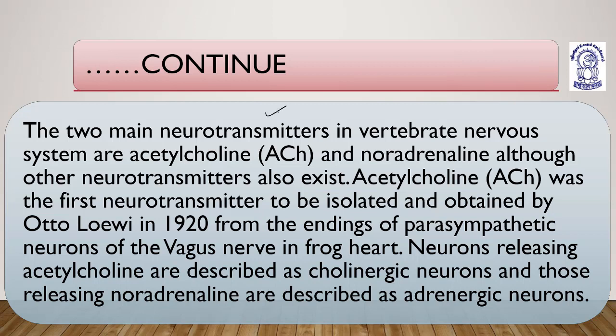The two main neurotransmitters in the vertebrate nervous system are acetylcholine and noradrenaline, although other neurotransmitters also exist.